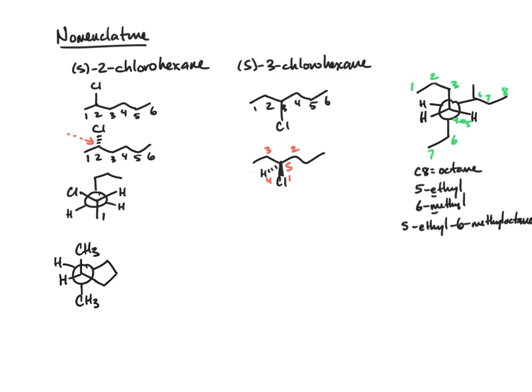So the front and the back carbons both have substituents. So if we call the front carbon 1 and the back carbon 2, what would the full name of this compound be?